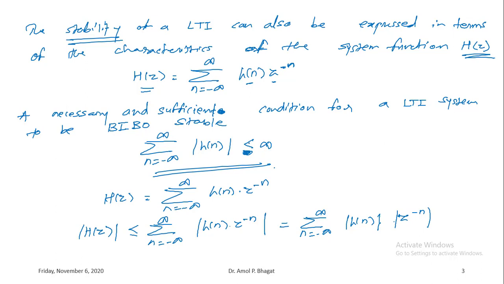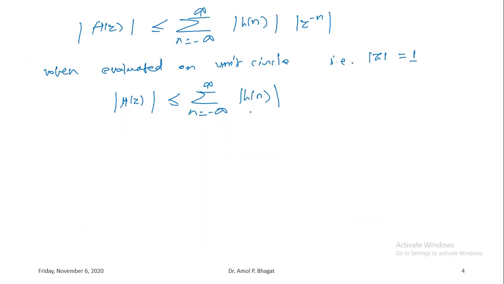If it is finite for a stable system, then its system function will also be finite when we evaluate it on the unit circle. So for a stable system, the unit circle is contained in the ROC of that system function, right?